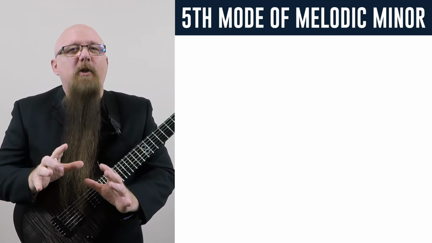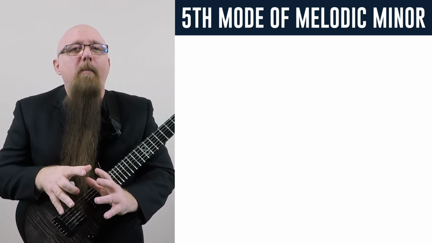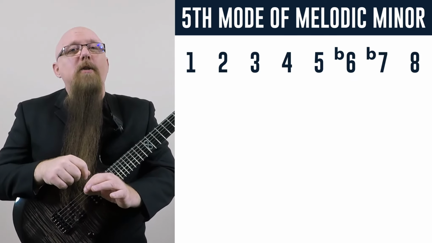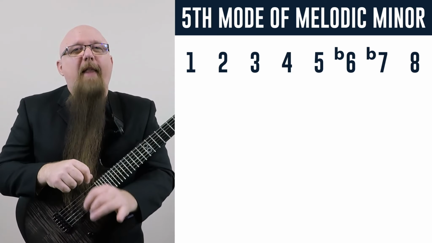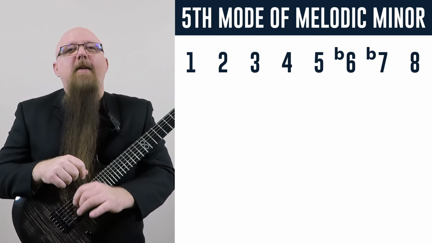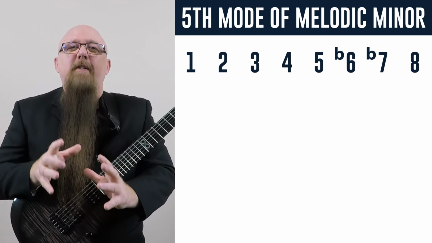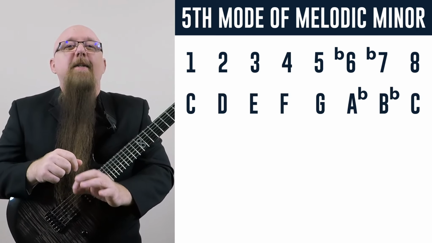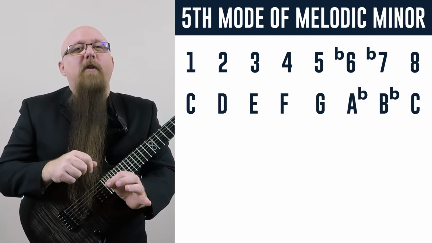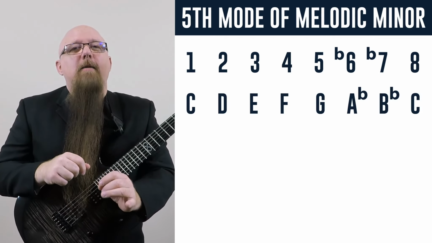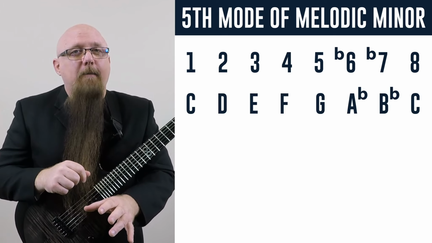This is a very special scale, and you see that the formula for the scale is 1, 2, 3, 4, 5, flat 6, flat 7, and 8. And if we were to play this from C as our root, then our notes would be C, D, E, F, G, A flat, B flat, and then C again.